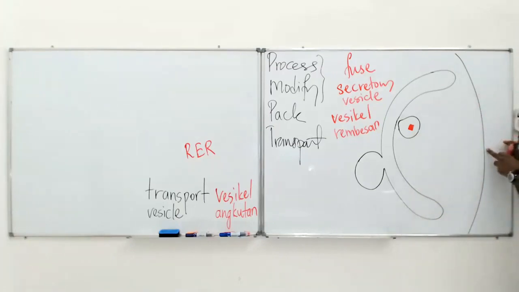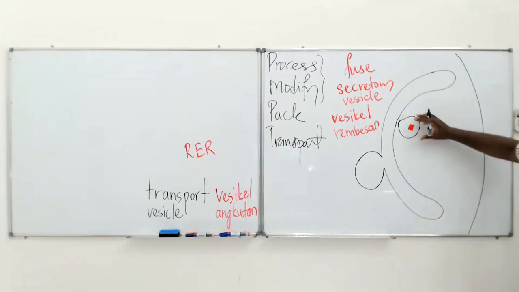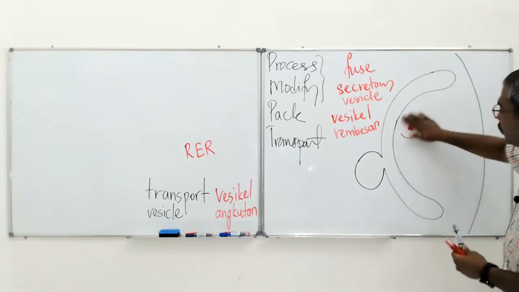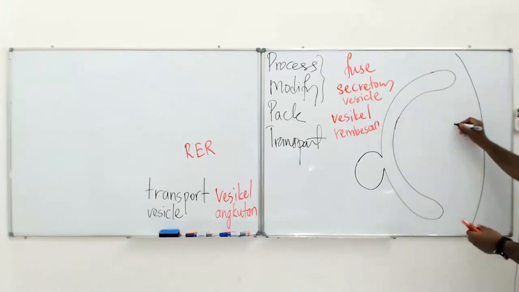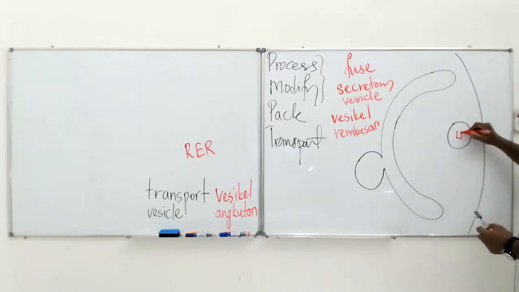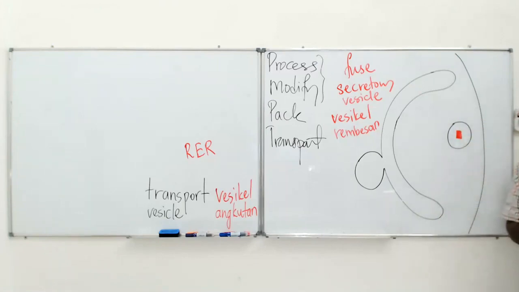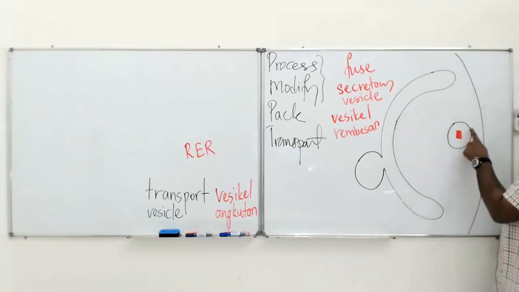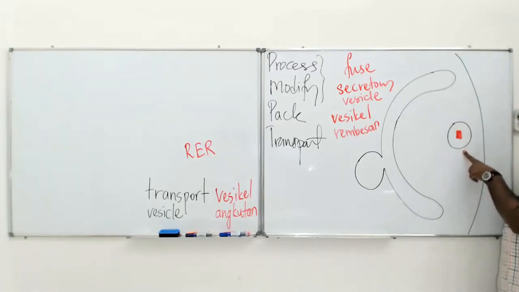Enzim ini perlu keluar daripada sel ini. So now what happen? This secretory vesicle will move. Dia akan bergerak, contoh, dari sini, dia bergerak ke sini. Ini namanya transport, mengangkut. Enzim tadi diangkut daripada sini ke sini dalam bentuk secretory vesicle ataupun vesicle rembesan.